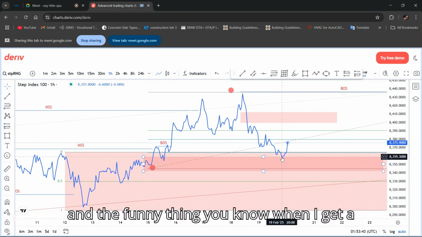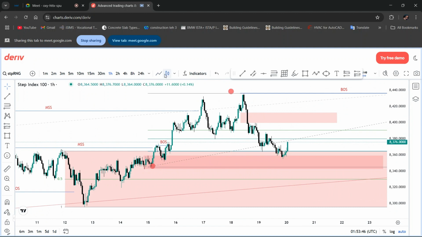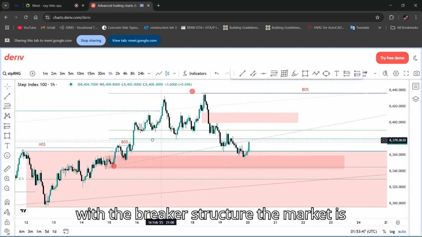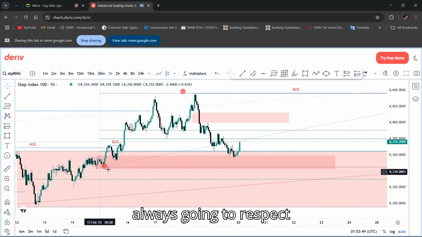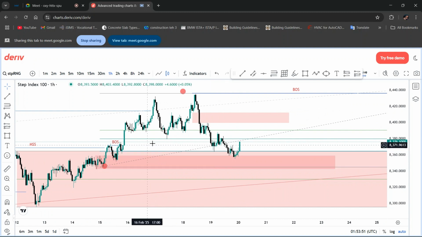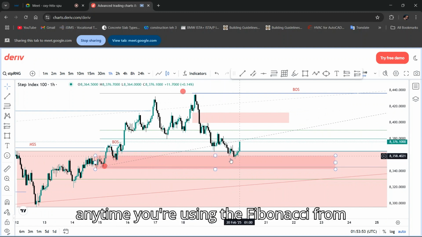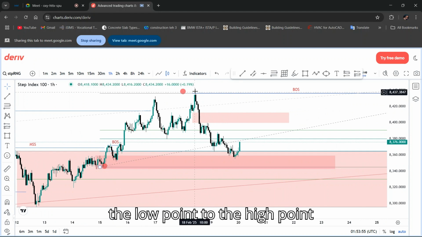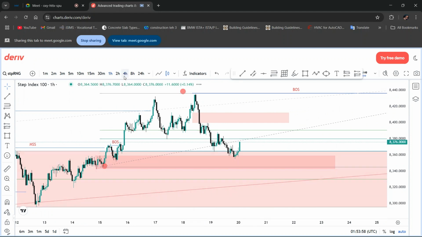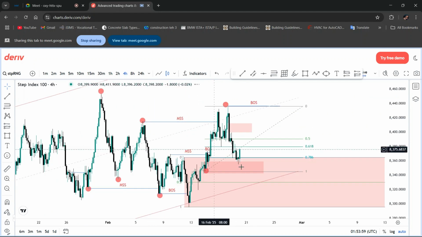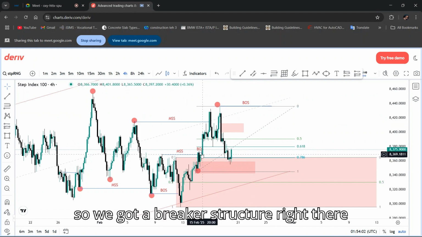And the funny thing is, when I get a breaker structure, the market is always going to respect the Fibonacci when you draw it from the low point to the high point of the trade. So we got a breaker structure right there.